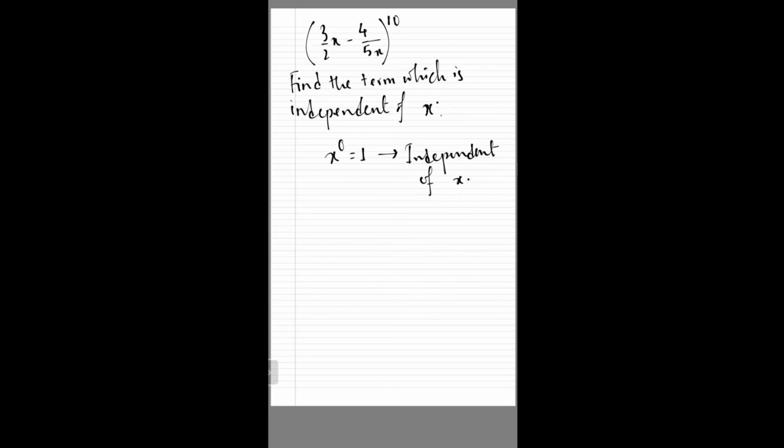What we need to do is write the general term, and from that make the power of x to be 0.